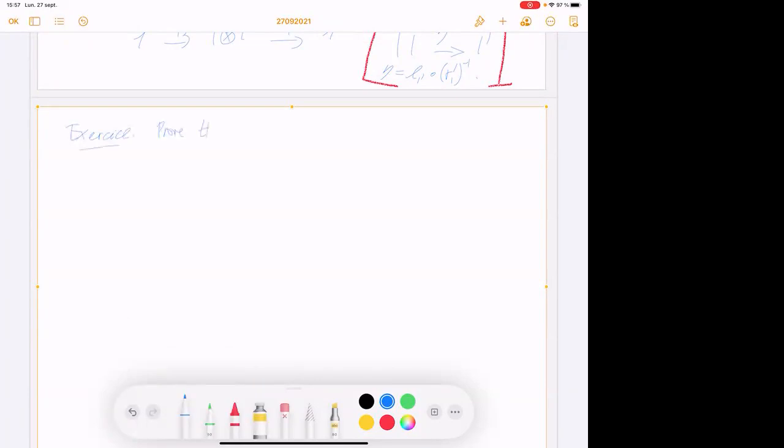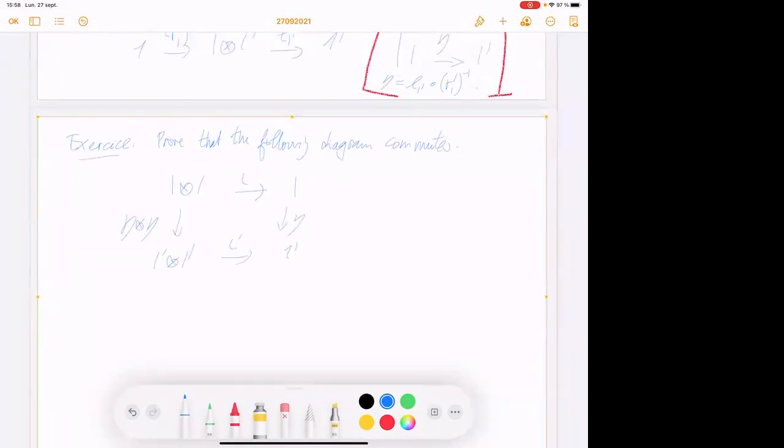Prove that the following diagram commutes. The following diagram is: you have 1 tensor 1. You apply iota, you have 1. And then you apply eta tensor eta, you have 1 prime tensor 1 prime. You apply iota prime, you have 1 prime, and here you apply iota.